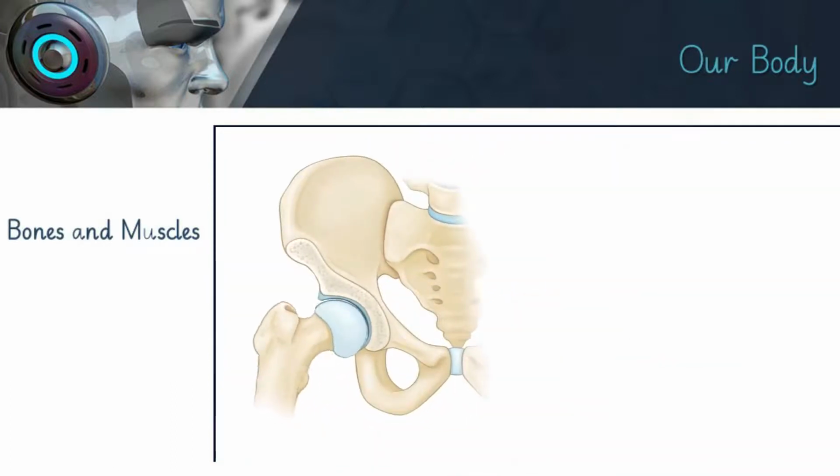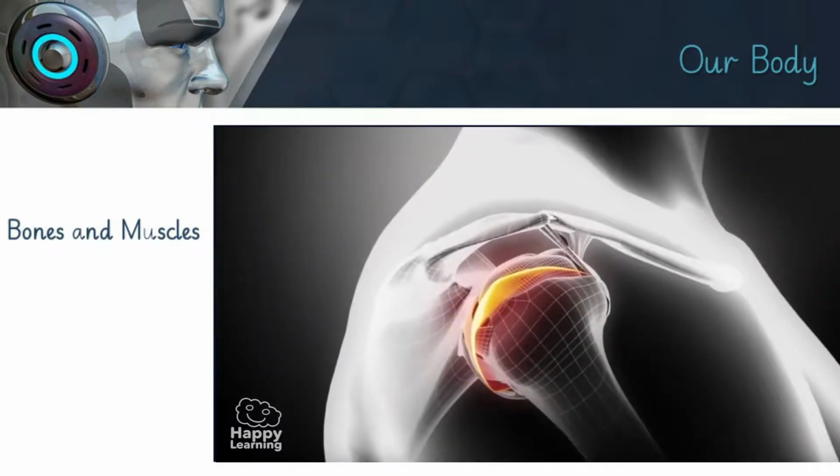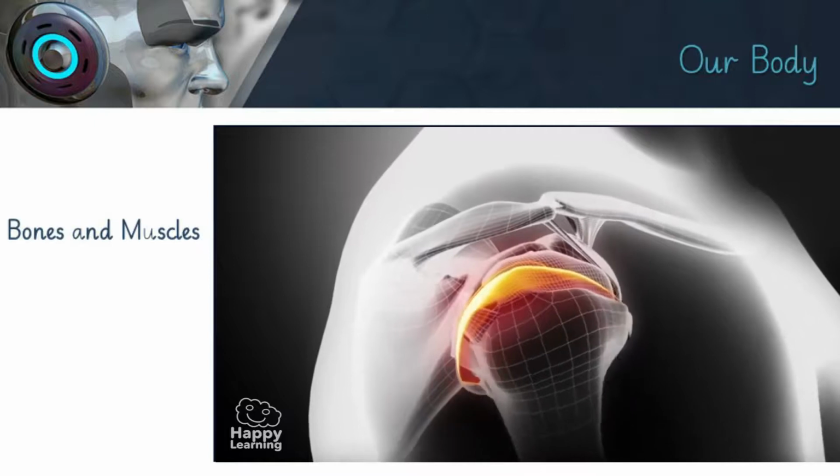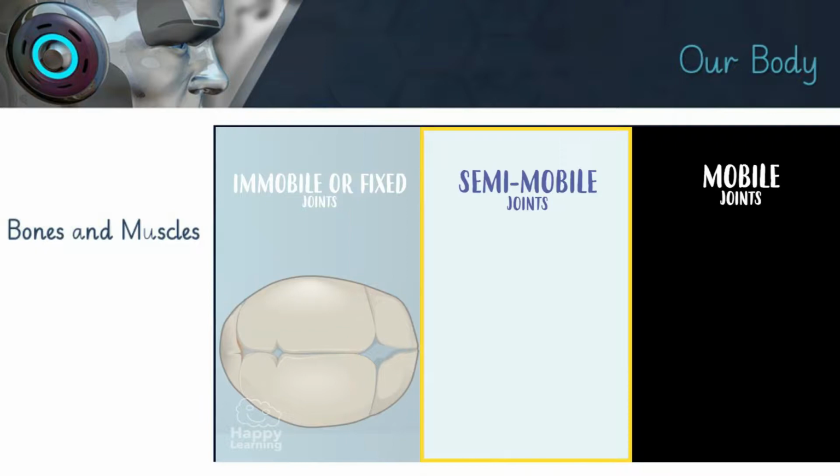Bones are joined with each other by joints. They are divided into 3 groups depending on their level of mobility. Immobile or fixed joints don't have any mobility, like the ones that join our skull. Semi-mobile joints do have some mobility, but not a lot, like vertebrae in our backs.